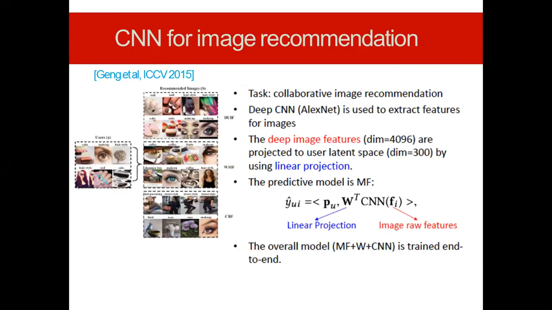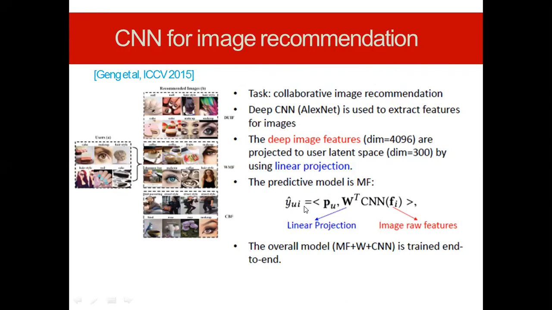Then we do a linear transformation of those image features as the latent factors for the images. And then we do the dot product with the user latent factor and produce the prediction, the rating, y_ui here.